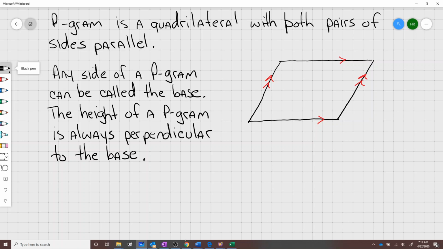And we've said that a bunch this year. So in the shape over here on the right, this parallelogram, if we decide to call the top and the bottom the base, then this distance right here, this vertical distance between the two bases, this perpendicular segment, would be the height.